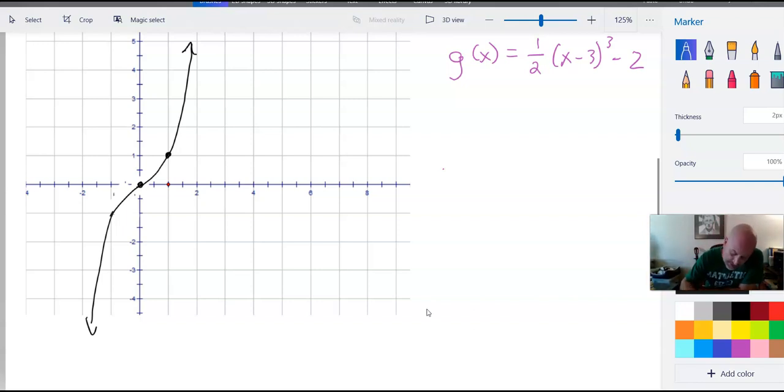Let's see here. So let's start by seeing how this thing is either stretched or compressed. We have a 1/2, so that means that the point 1, 1 maps to the point 1, 1/2, right? Because A is 1/2 this time. So that means we're compressing it in this direction, because 1, 1 moved down to 1/2.